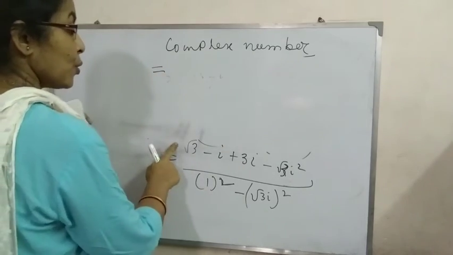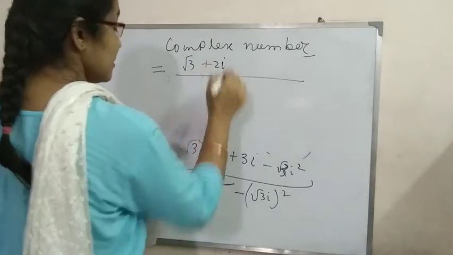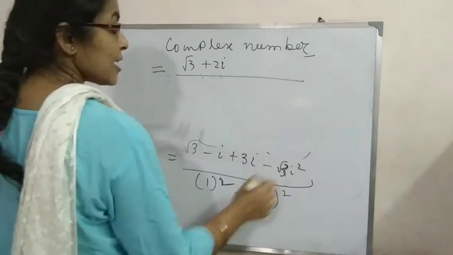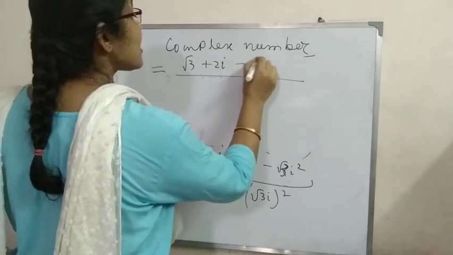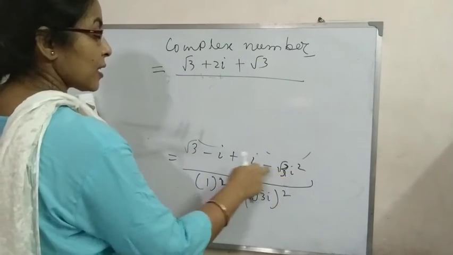This is equal to root 3 plus 2i, I square equal to minus 1, plus root 3, minus root 3 into minus 1, that is plus root 3.